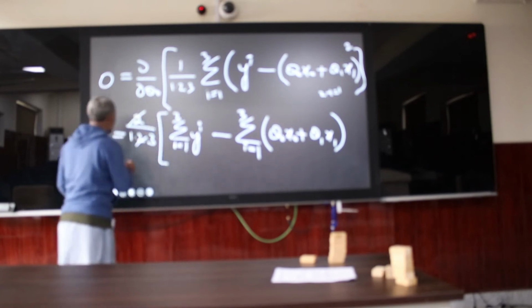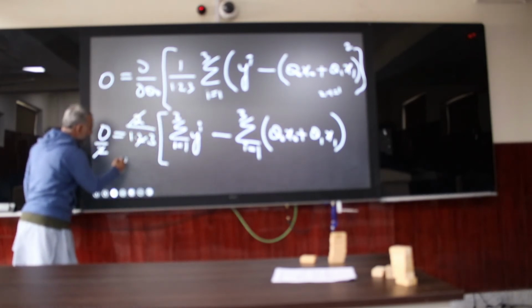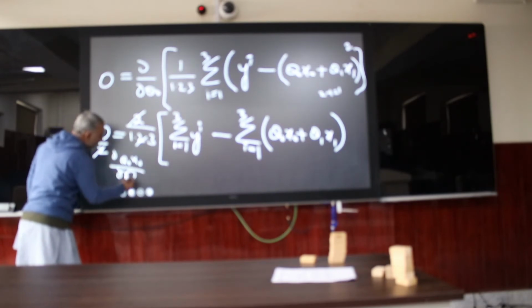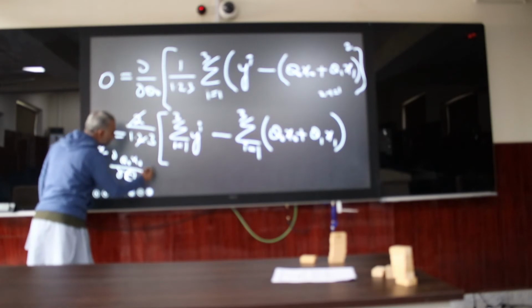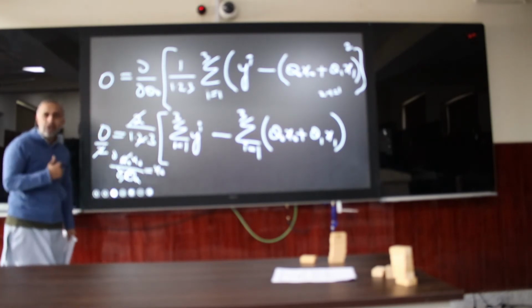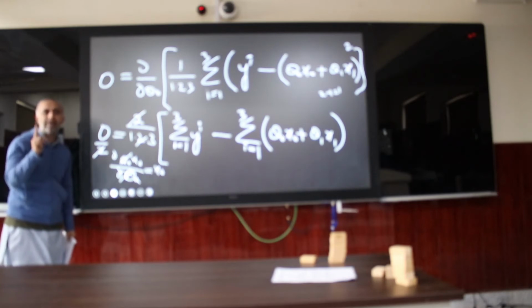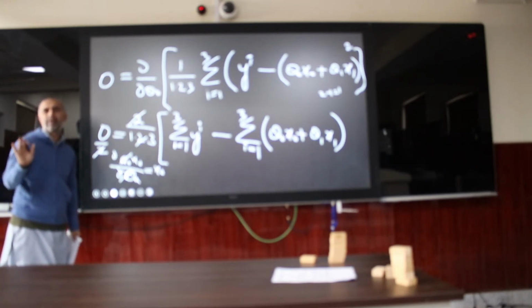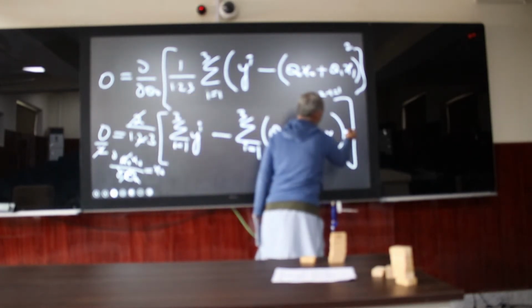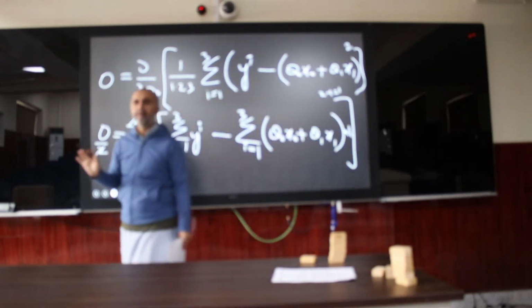Here, the partial derivative of theta naught x naught with respect to theta naught, the answer is what? Only x naught. This will be cancelled out. Is it clear? Yes, sir. And we know x sub 0 is equivalent to 1. So just ignore it.